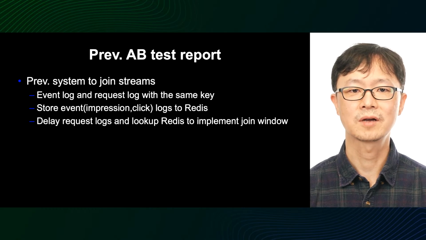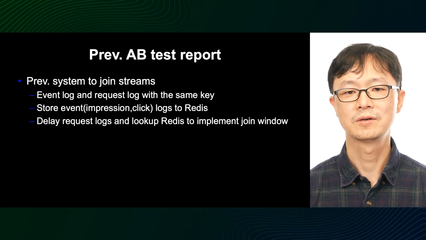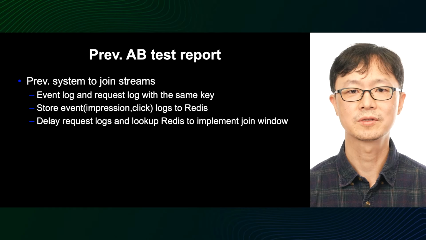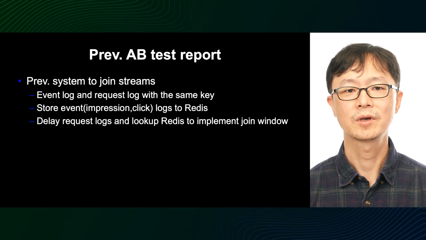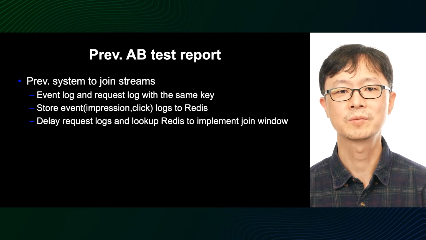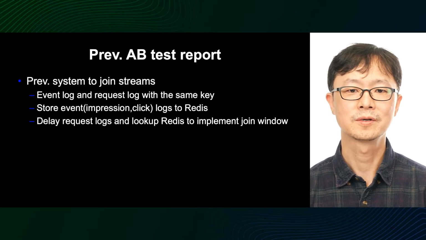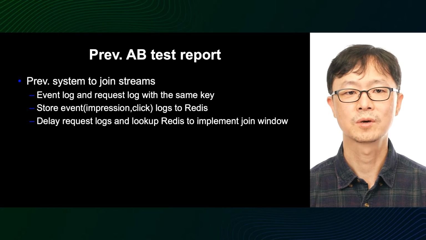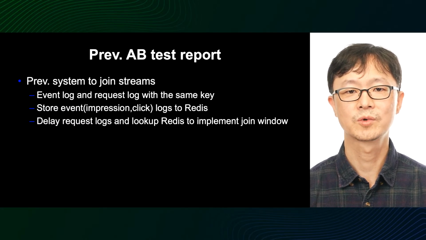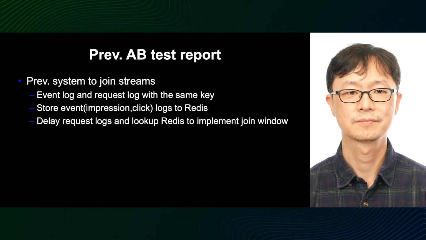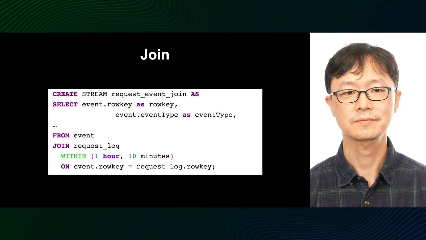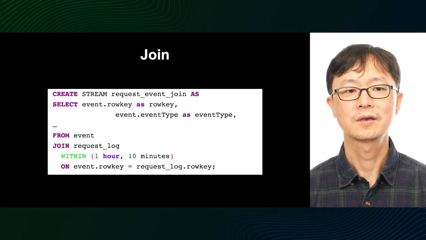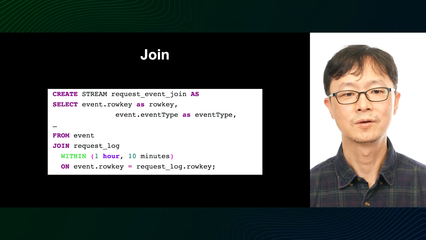And at this time, you need to consider the time difference between the two streams, and you had to implement the join window by calculating the delay. You had to have Redis, and you had to treat delay logic as well. So this logic was really complicated, and it was implemented as a program by a professional developer.